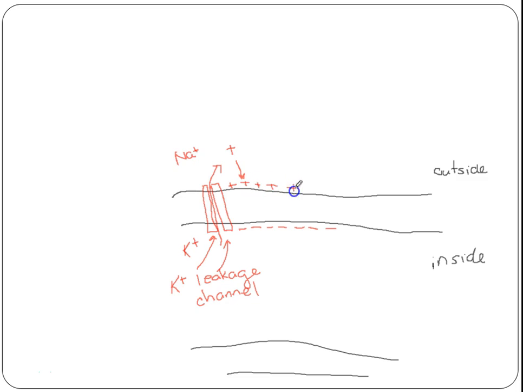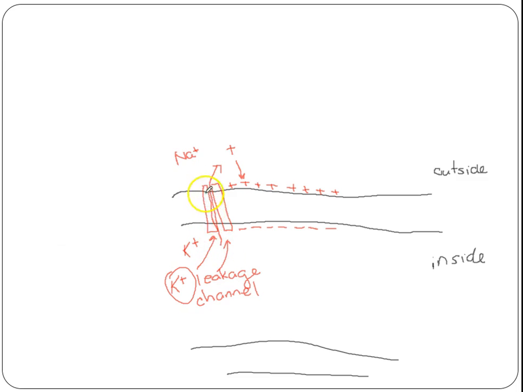Okay, but they can't get back in. These leakage channels, just like your faucet, the water drips out of it, doesn't go back up it, they can't get back inside the cell. Because again, they have to have a special channel that would allow them back in. So again, potassium ions, more highly concentrated inside the cell than outside, thanks to our sodium-potassium pump.